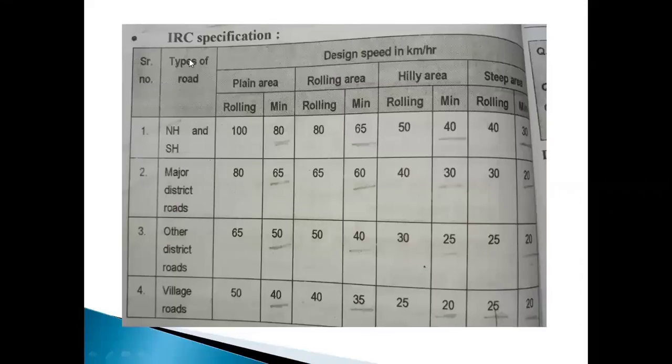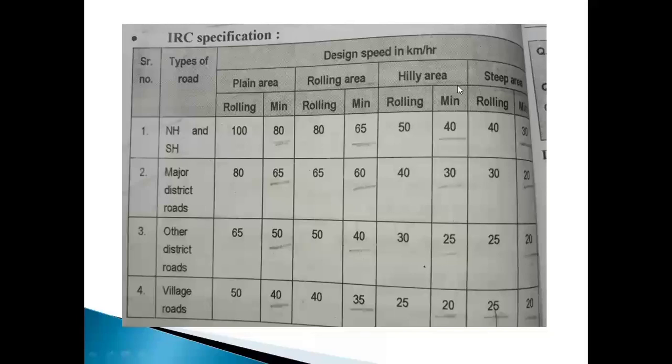Now see the IRC specification for the design speed. What are the IRC specifications? First for national highways and state highways, with plain areas, then rolling areas. Rolling areas means the areas which have ups and downs.